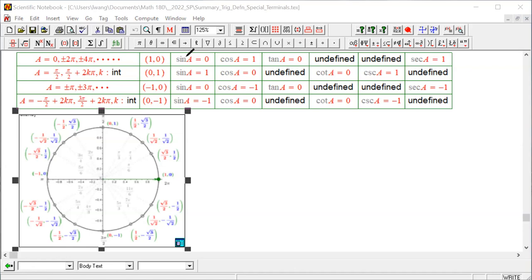The terminal is here. What are the angles with terminal over here? That can be 0, 2 pi, 4 pi, and so on and so forth, right? And the coordinates are (1, 0). Cosine is 1, sine is 0.